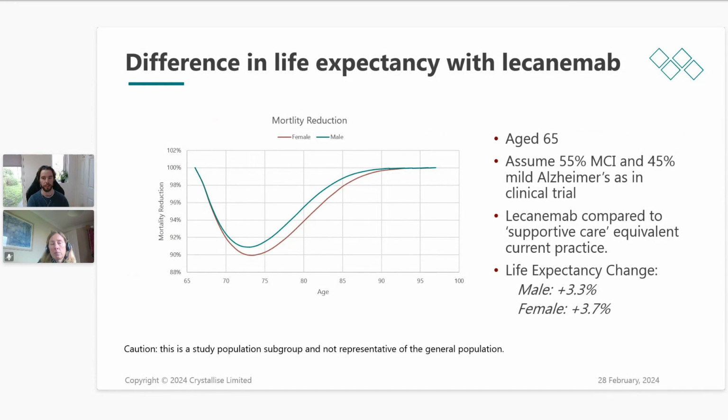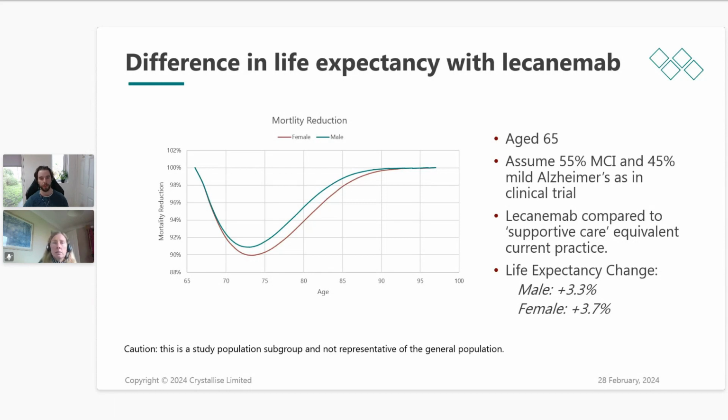And individuals progress over time into the moderate and into the severe states of Alzheimer's. So over time you have this progression which results in mortality, and as it slows down, we have a reduction in mortality. But as we get into the latter stages, where most people are now in the moderate to severe states, you end up with a fairly limited effect, moving towards zero reduction in mortality.